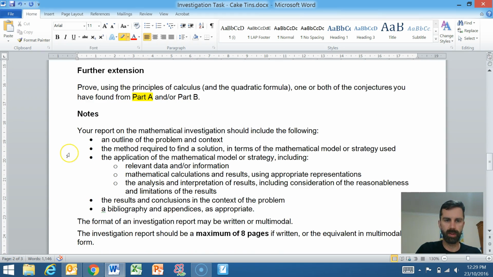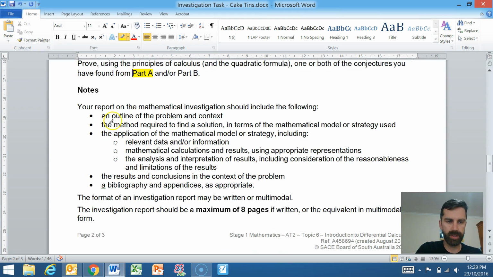So let's have a quick look at what you need to actually put in your investigation. You need to start off with an outline of the problem and the context. You need to tell us what the problem is, why it's interesting and why you are trying to solve it. You need to describe what you have done in terms of your mathematical modeling and strategy.